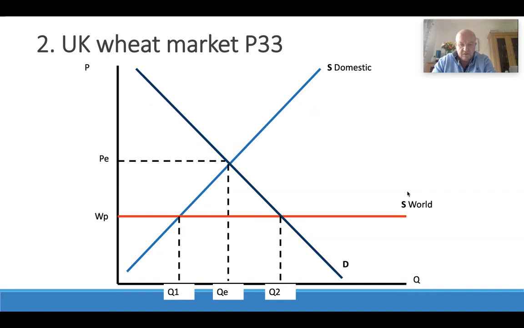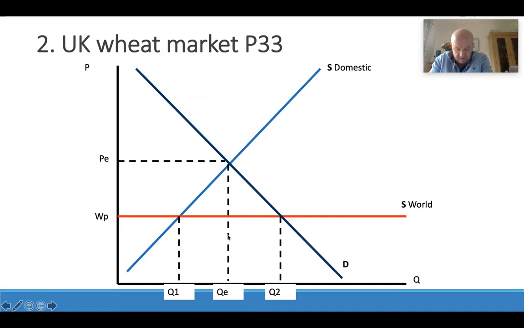If we then take a look at the UK wheat market, clearly in this instance we've got a slightly different scenario going on, haven't we? So we've got the world market price, the world price and the supply level in world markets. Now in this instance we can see that our supply in domestic terms is significantly different, and our equilibrium point is also significantly different.